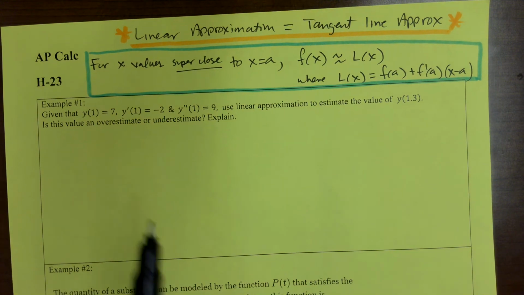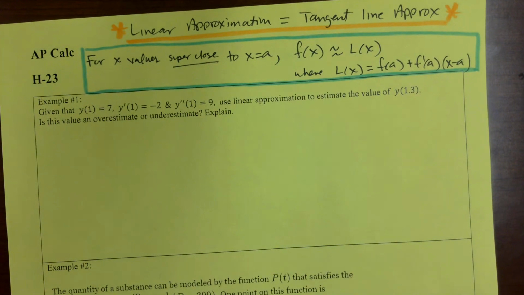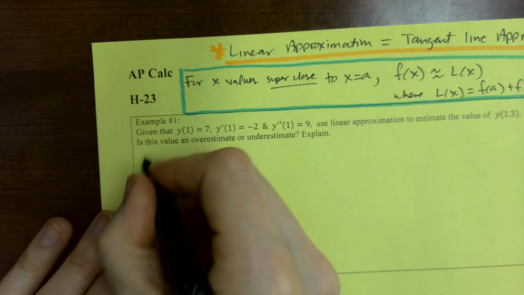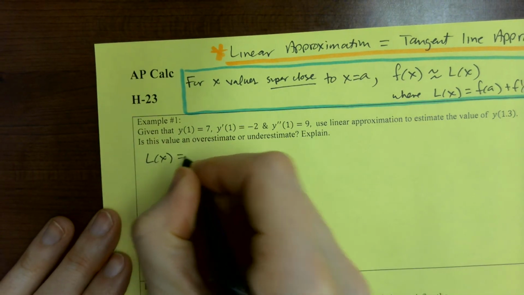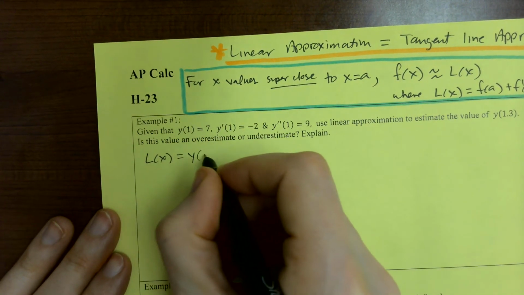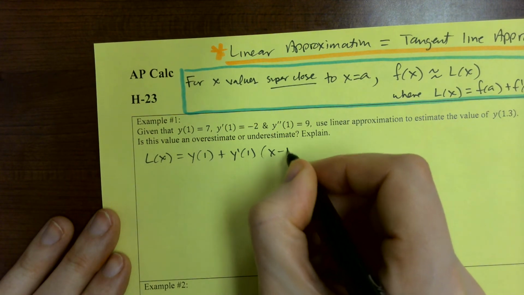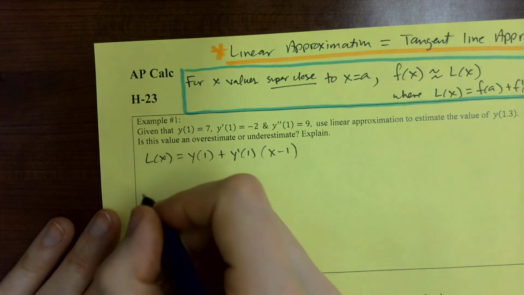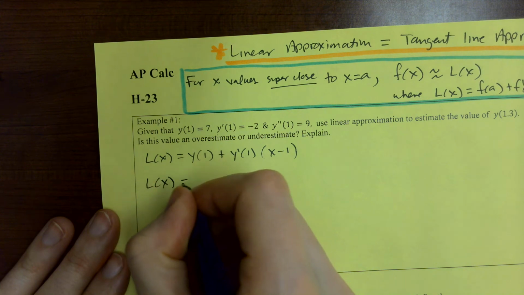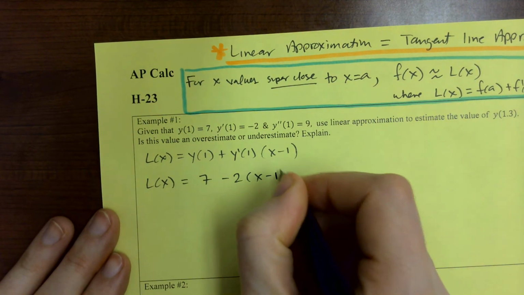That was a lot of explaining. Okay, so we're given all of this. If we're going to use linear approximation, we've got to go L of x equals y of 1 plus y prime of 1 times x minus 1. So L of x is 7 minus 2 times x minus 1.